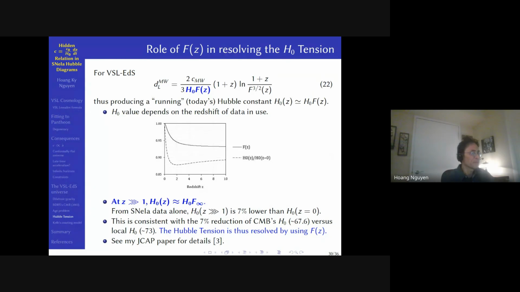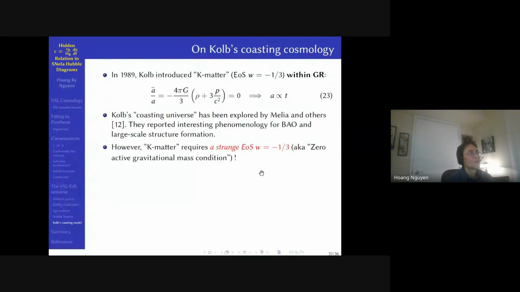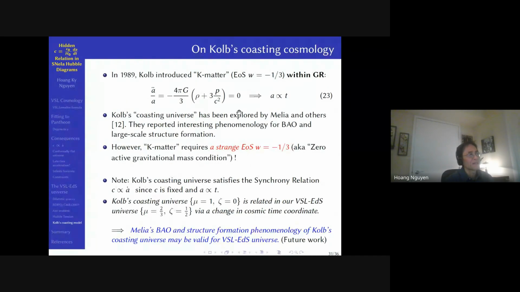Anyway, I don't have enough time to discuss the cone cosmology, which is interesting, because it has a quite strange K matter, with the equation of state equal to minus 1/3.